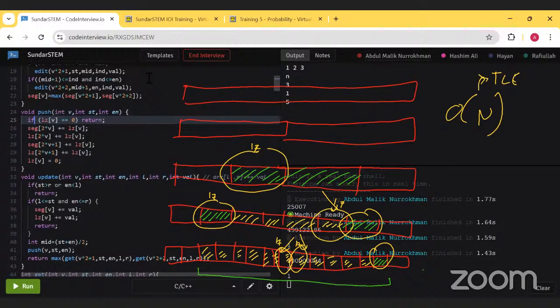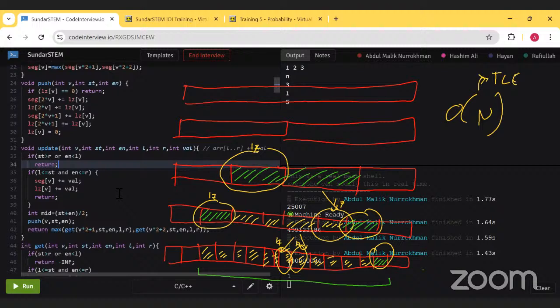Okay, there is a question: when we get the range only? Yes, that's correct. We will update only if we want to get the exact value or every time we want to visit that node.